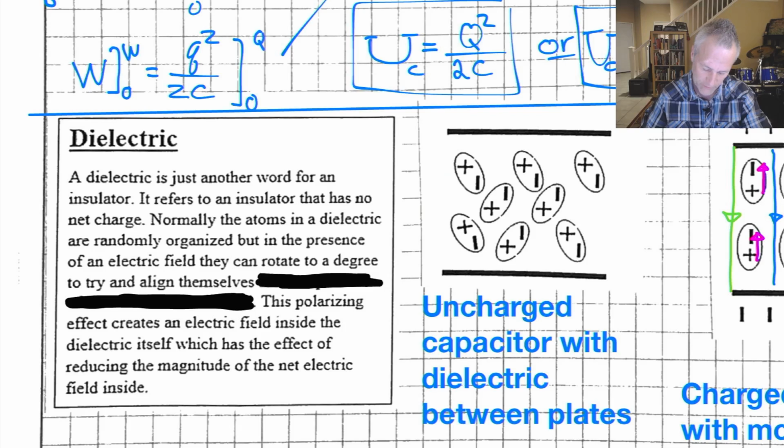The electric fields point from plus to minus. So each one of these little atoms has a little tiny electric field pointing from plus to minus. But because they're all randomly arranged, if you were to add up all those little tiny vectors, you would get a total vector that is basically zero. It has no length and no direction, so zero magnitude on average.